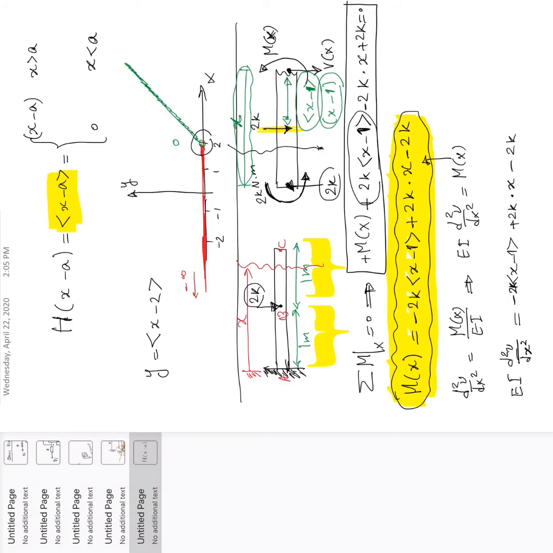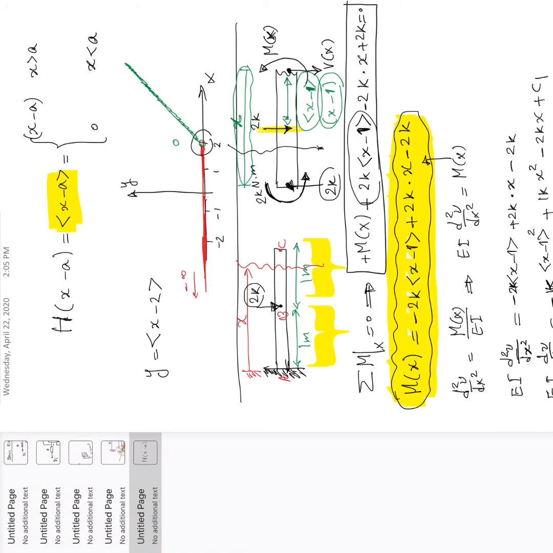Okay, go ahead and take the integral of this, so you get EI dv/dx is equal to negative 1K times x minus 1 to the second power plus 1K times x squared, negative 2K times x plus C1.